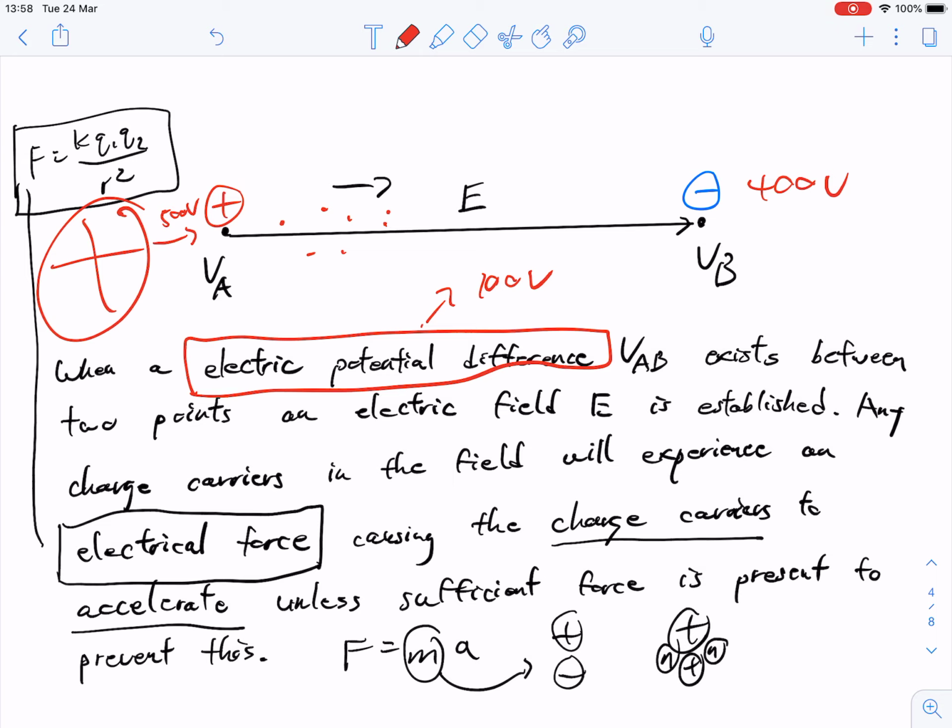Okay, so it's very similar to the idea that there's an electric field here. Actually, there is an electric field, but it's being applied over an actual substance this time. Okay, and so at one end there will be a higher potential, at the other end there will be a lower potential, creating a difference.